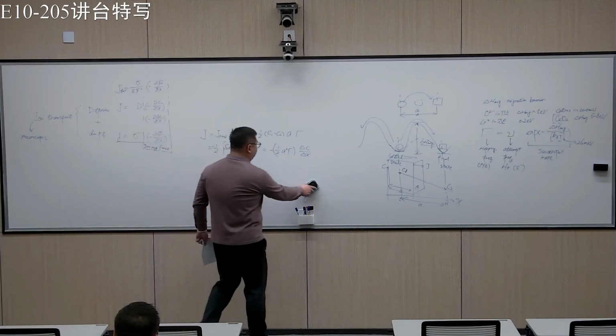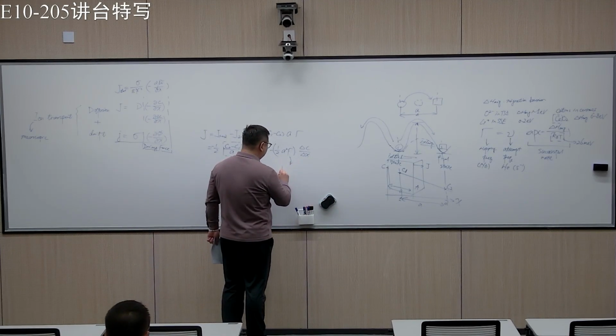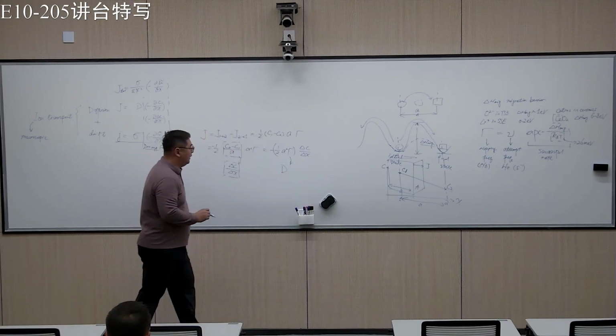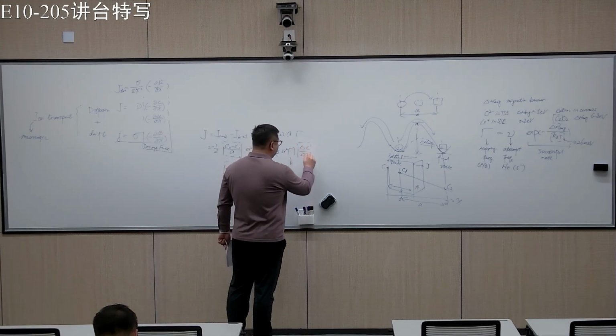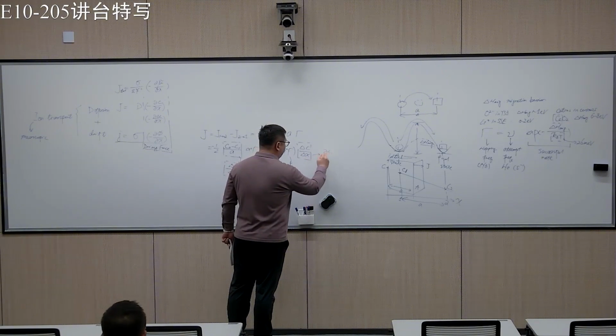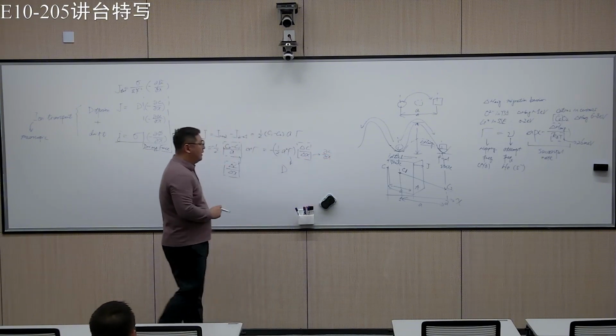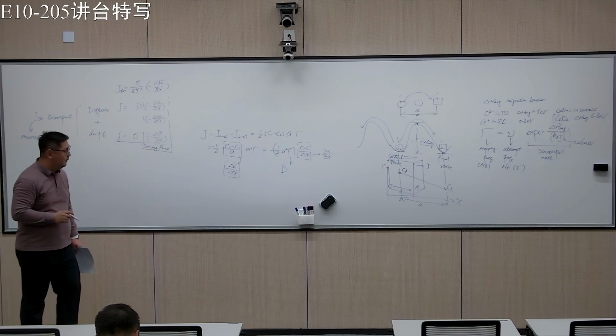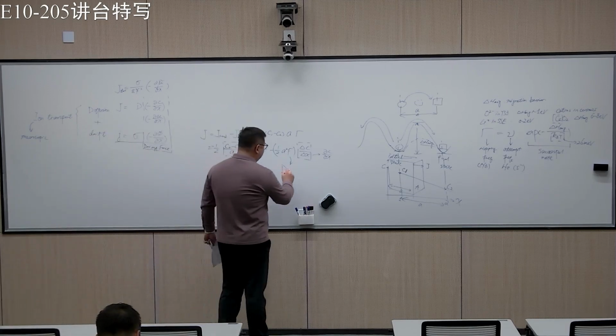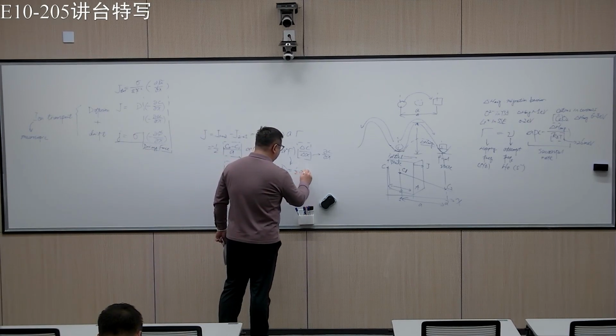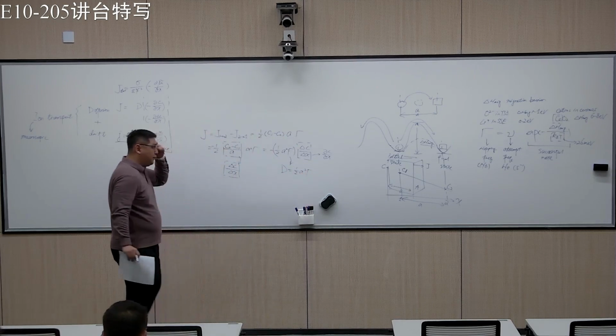So this part is basically your diffusivity, and this part is basically your concentration gradient. So now you have D is 1/2 A squared tau.